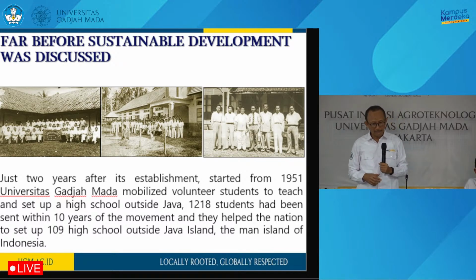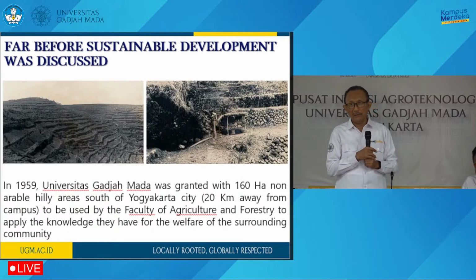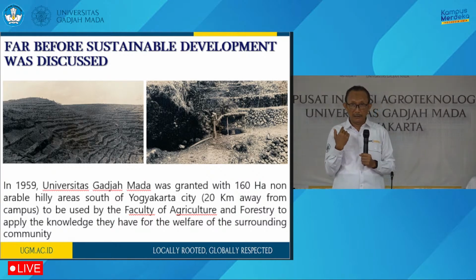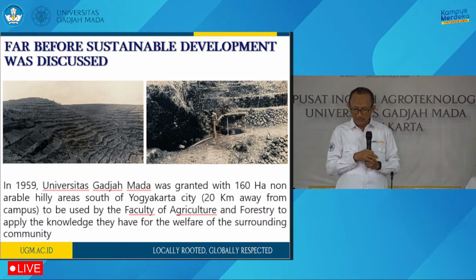Also then, in 1959, the university was granted by the local government in Yogyakarta 160 hectares of arable hilly land south of our campus, 20 kilometers away, which is very dry and inhabitable.